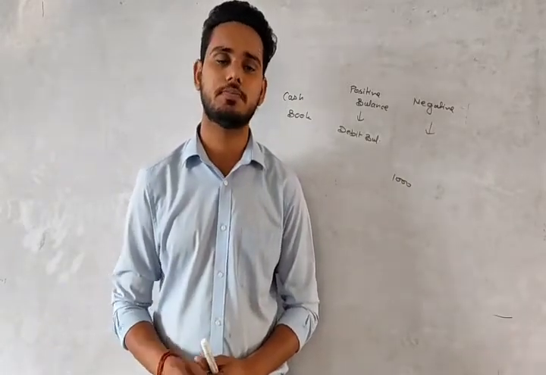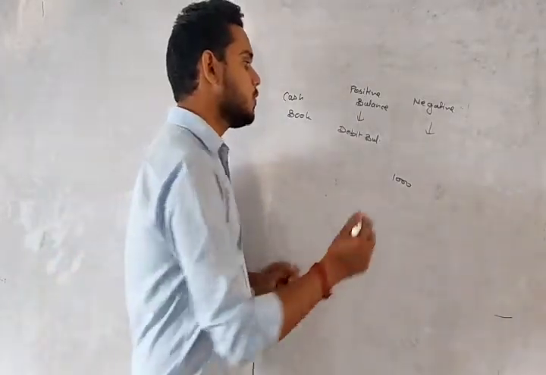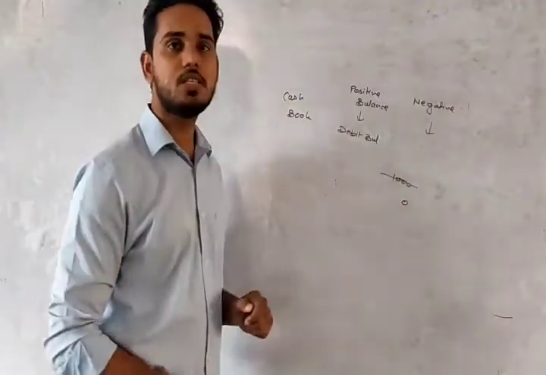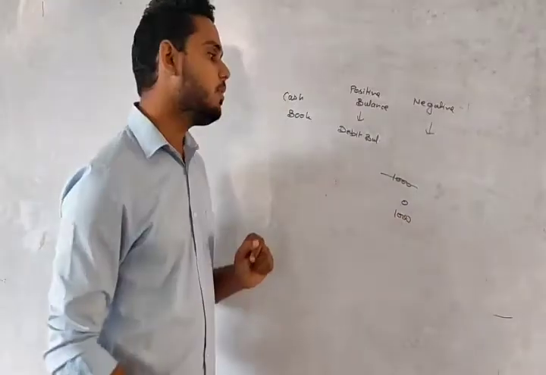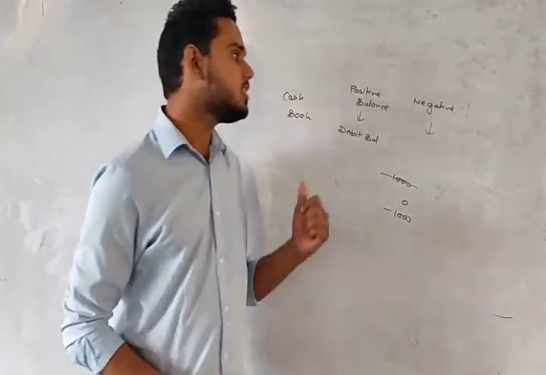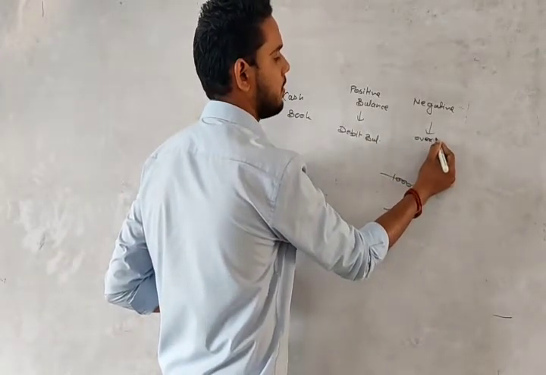But suppose you decided to withdraw 3000. So 1000 you have withdrawn from your balance. Now your account balance is 0, but you have withdrawn 1000 more, let's suppose. So at the present time, your account balance will be a 1000 negative balance. This negative balance is known as an overdraft.